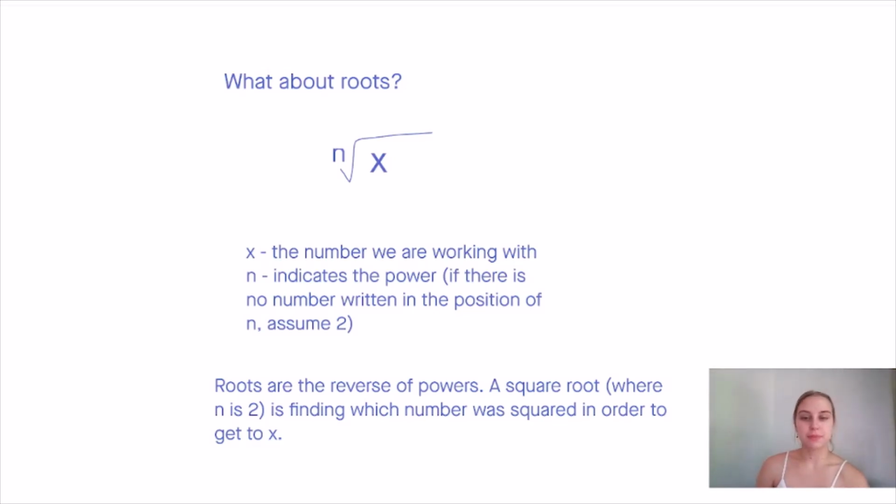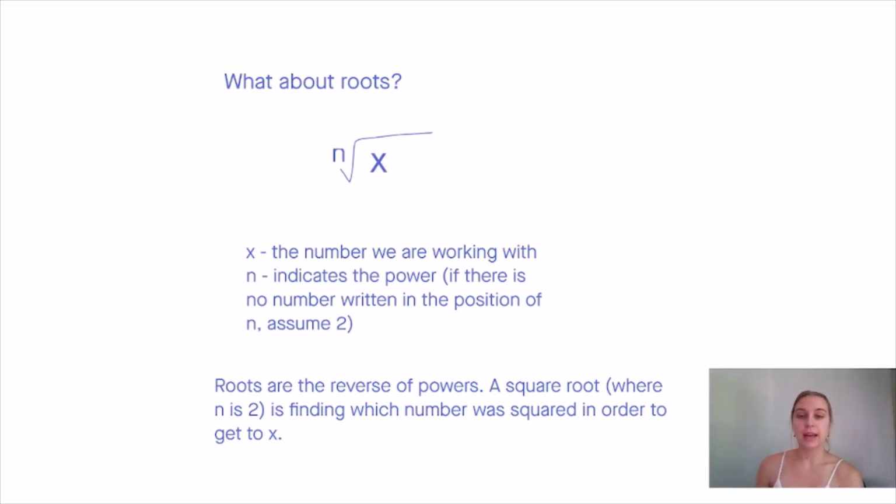So these will often be written down like this, where you will have a number underneath this sort of symbol, and there will sometimes be another number where n is in this diagram. So x represents the number that you're starting with, the number that you're working with, to work back to work out what your original number was to the power of n.